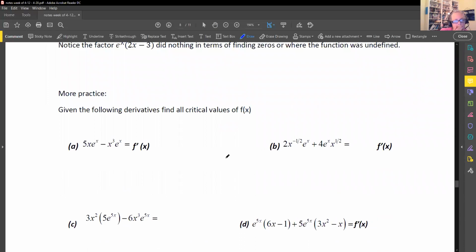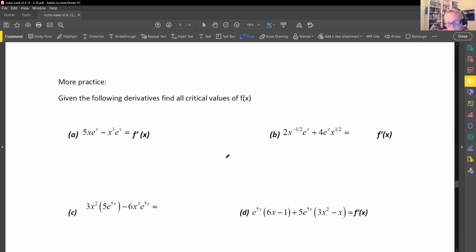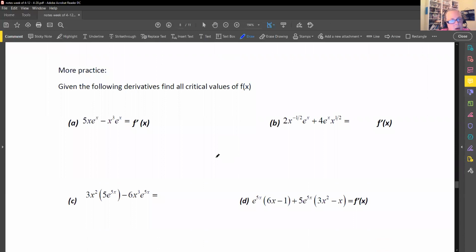All right, so some more practice. I don't know if I'll do all of these, but for critical values, these are the derivatives. Hey, guess what? We already found them. Now we're going to find the critical values, so we just have to factor it. When I look at this, I can take out an x, I can take out an e to the x, and I'm left with 5 minus x squared.